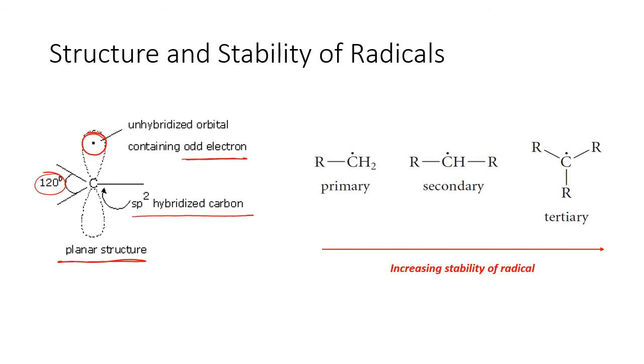Well, here we just show that single dot representing that there's an unpaired electron on this carbon. And our radicals are stabilized in a similar fashion. As you go from primary to secondary to tertiary, we are increasing in the stability of that radical. And it depends upon how many alkyl groups are surrounding that carbon with the unhybridized p orbital on it. So all of these carbons that we have with the radical on them are all sp2 hybridized. So they all have one unhybridized p orbital where that electron is living.